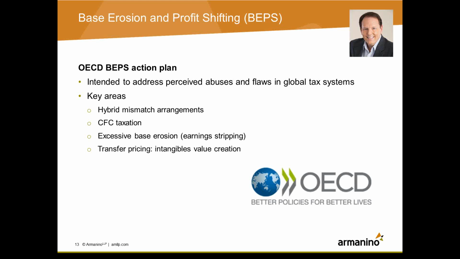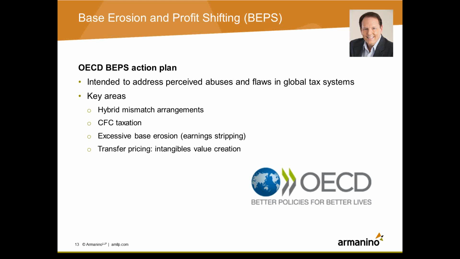The governments view their tax base as being eroded through these hybrid mismatch arrangements. So, for example, a hybrid mismatch arrangement really derives two essential benefits. One, it allows one party to deduct a payment, usually an interest payment, without the other party picking up anything in income. Or it allows both parties to deduct the same interest, so a double dip financing structure.